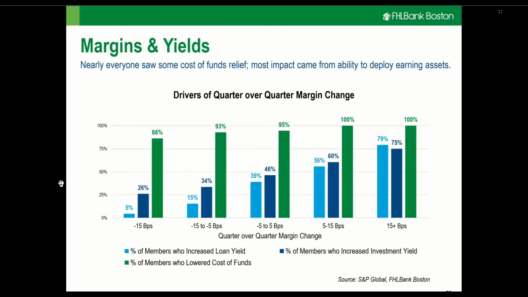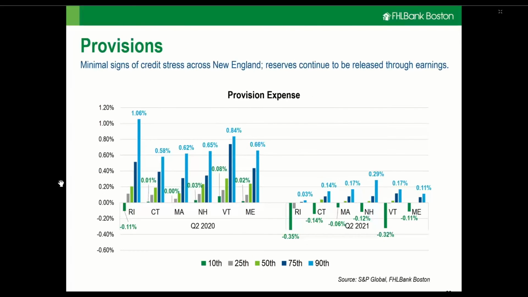So switching to the credit side, again, we continue to see sunny skies relative to the storm clouds that were pretty prevalent going back into the early and mid part of 2020.